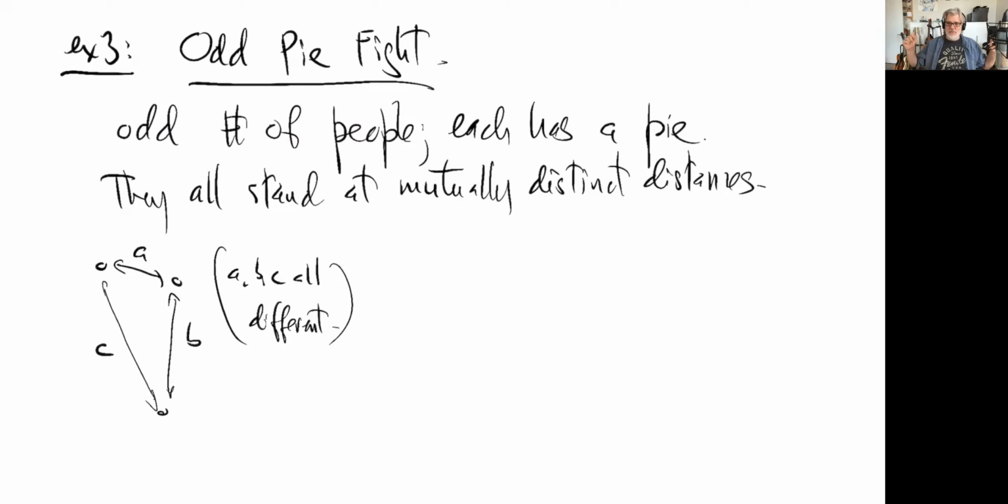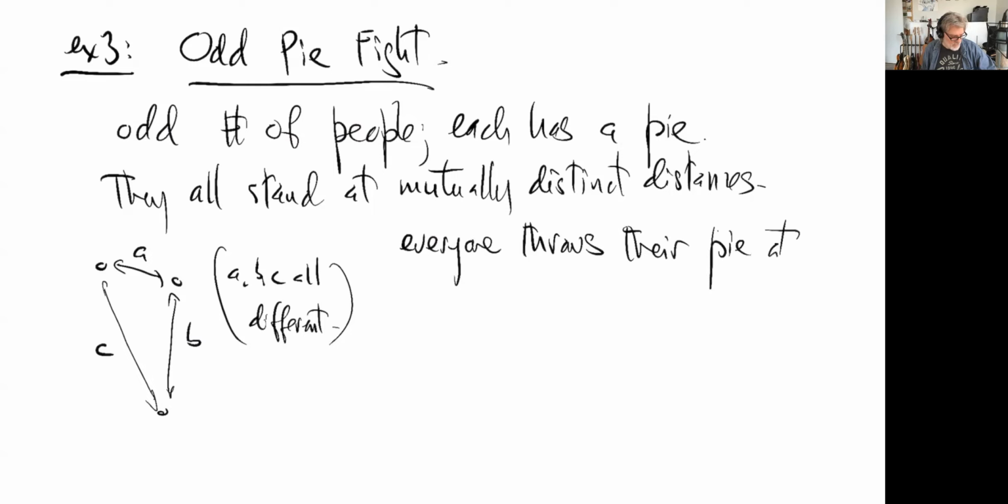And here's what happens at some point. Somebody blows a whistle and everybody throws their pie in the face of the person who is closest. So everyone throws their pie at the closest person, other than themselves. You don't put your pie in your own face, right?